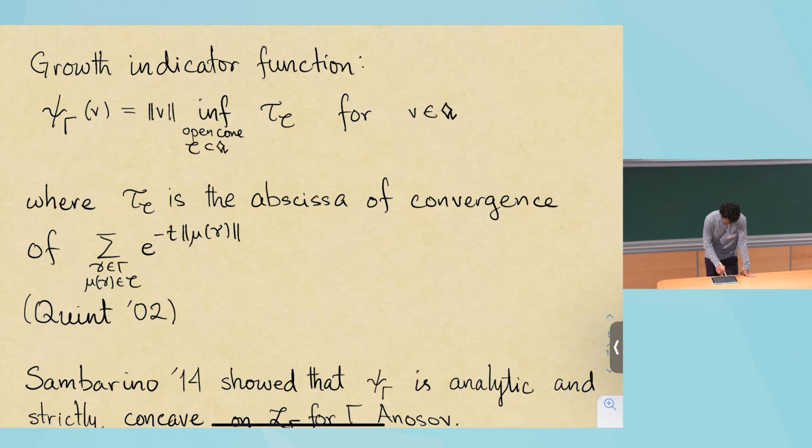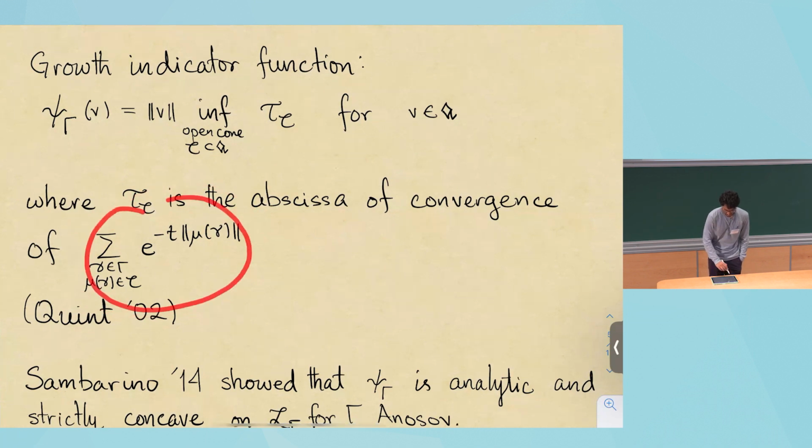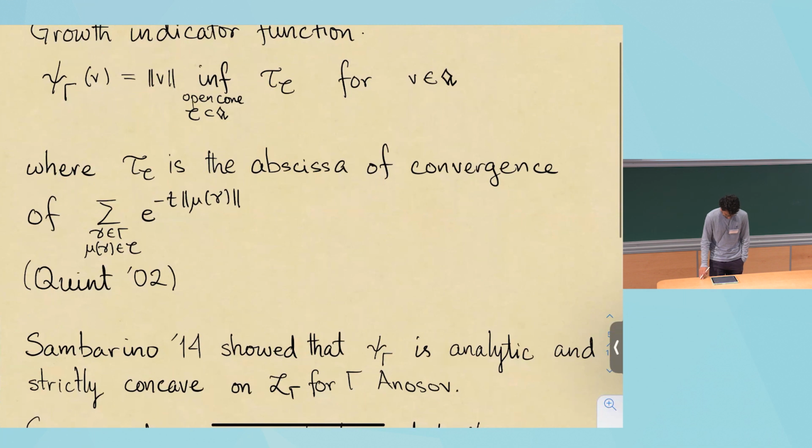And along each radial direction, we can take the infimum of this quantity here, tau sub c, where tau sub c is the abscissa of convergence of this series, so it's analogous to a Poincaré series.